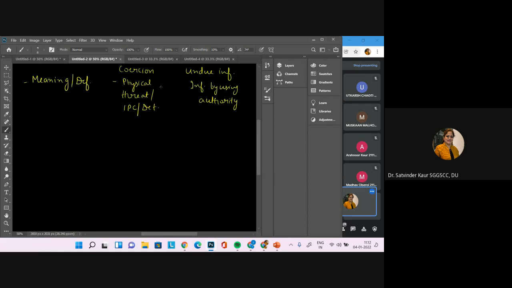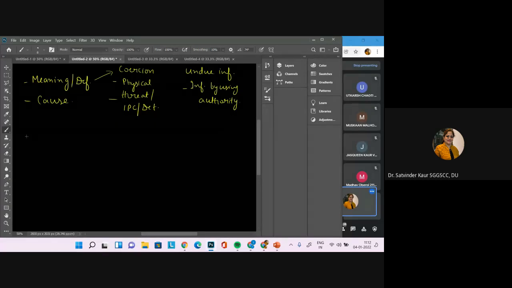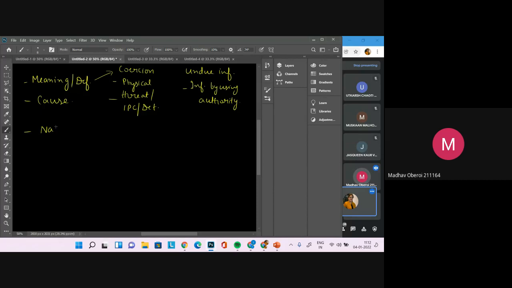In meaning we can straight away give the definition or meaning. Then we can use the cause. What can be the cause? Physical threat, any act forbidden by IPC, or detaining of property. And here we are influencing by using the authority. Ma'am, can you remind what the IPC point was?